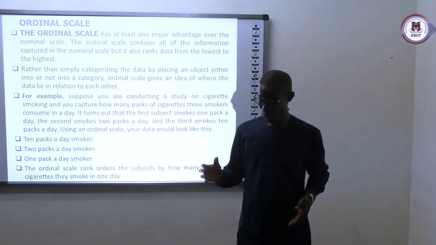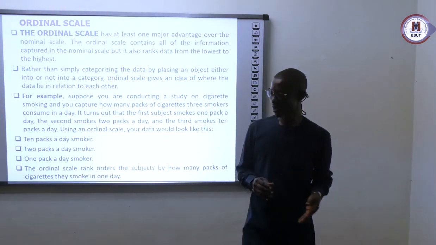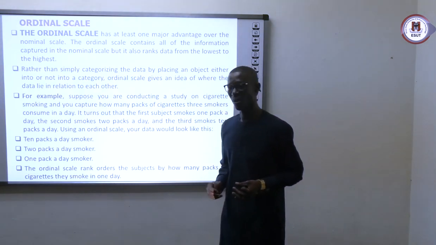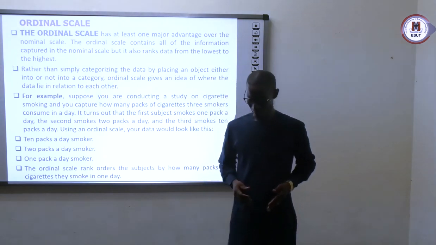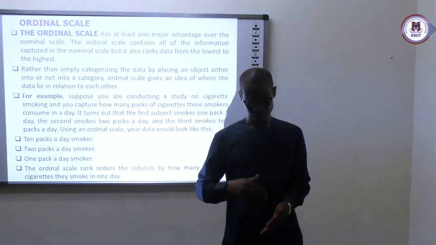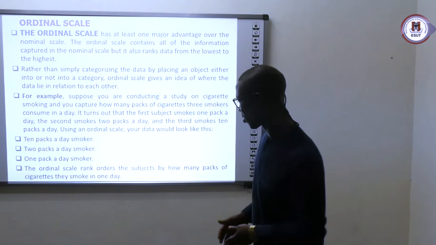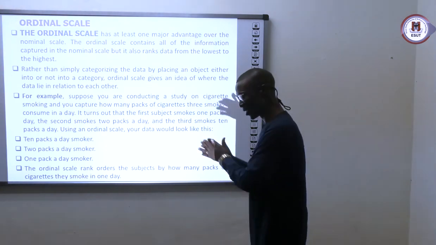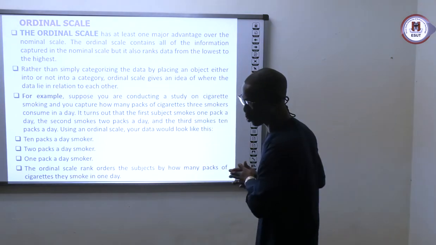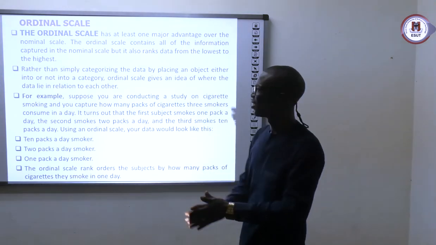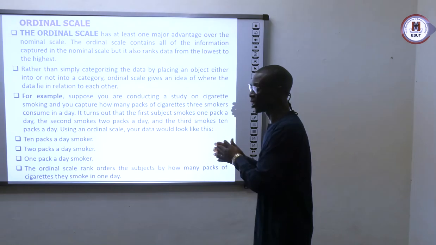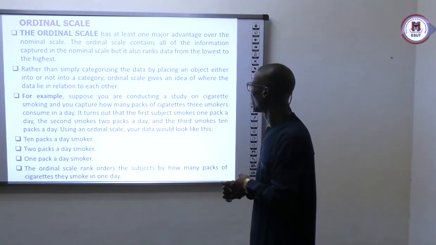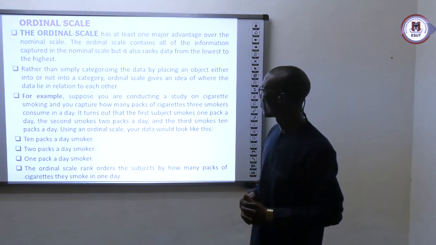For instance, if you have different types of commodities, you could apportion value to those commodities and say this is my number 1, this is number 2, this is number 3, or let this be A, the most valuable commodity, let this be B, the second most valuable commodity, let this be C, the third most valuable commodity. In doing that, you are ordering them in the order of importance.